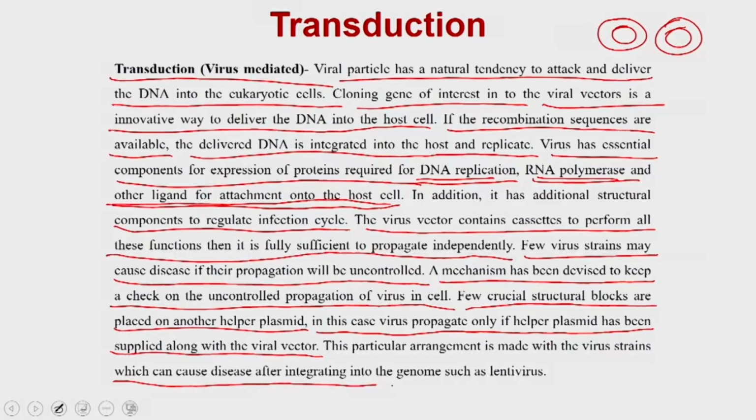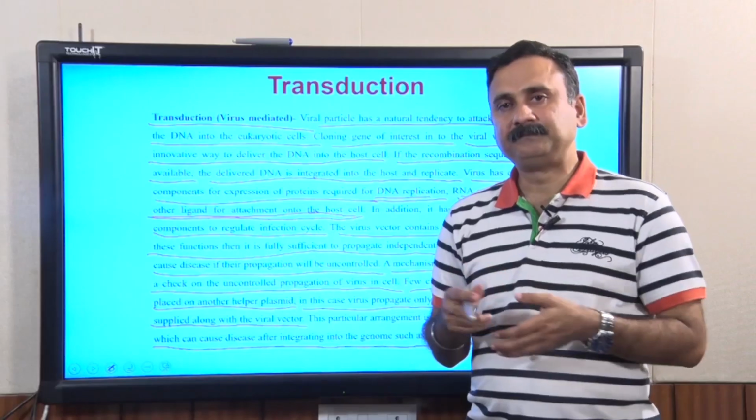The virus which actually causes disease after integrating into the genome is called the lentivirus, and that is why lentiviruses are much more dangerous and risky to use compared to the adenovirus, which you very often use for expressing the foreign gene in mammalian cells, or when you use the adenovirus for transfecting the mammalian cells.